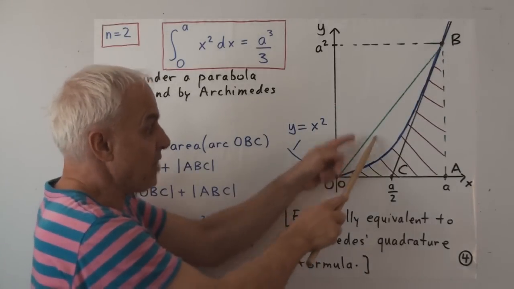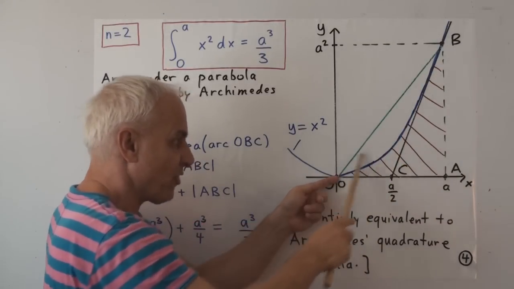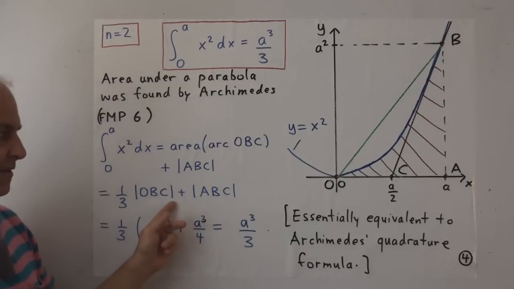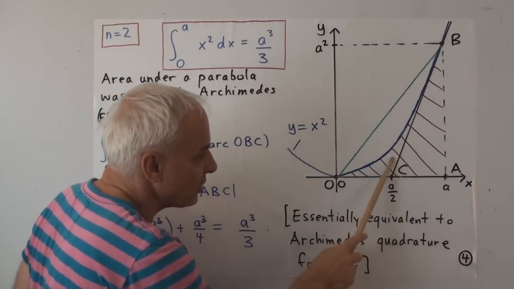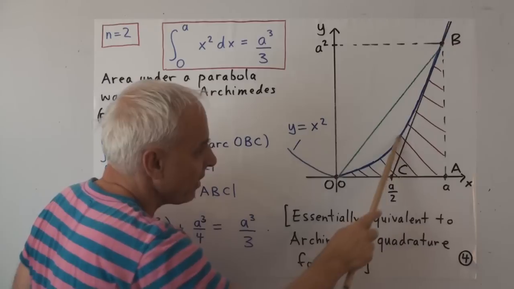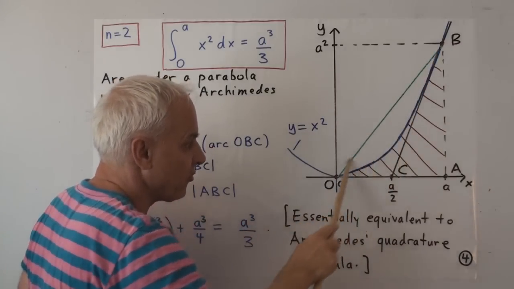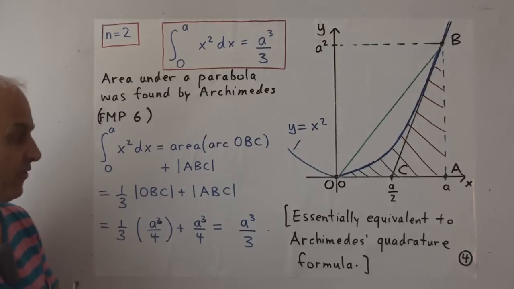That means that the area underneath the parabola contained in the tangential triangle will be 1/3 of the area of OBC. So this area right here, up to the tangent, is 1/3 of the triangle OBC. That's a direct consequence of Archimedes' formula.